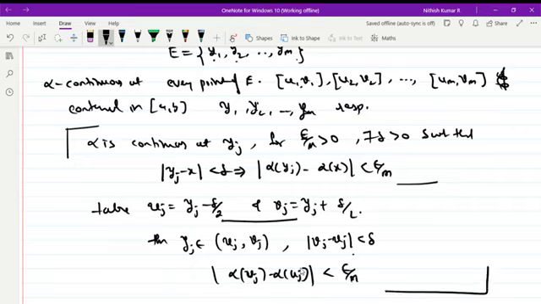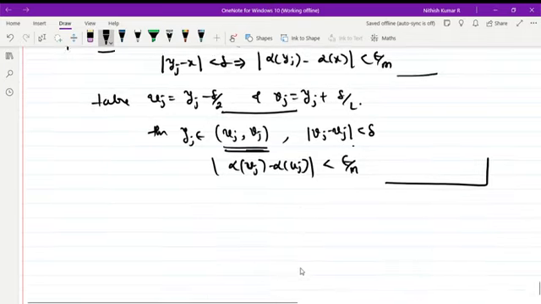Now observe, using the continuity of alpha at yj, we are getting intervals, and we are considering the closed interval [uj, vj]. Also we get the property that modulus of uj minus vj is less than delta.